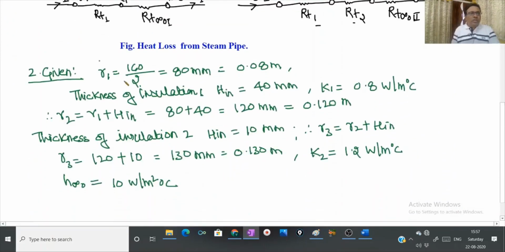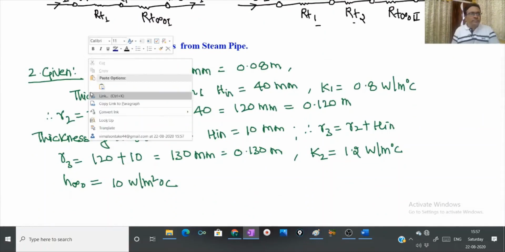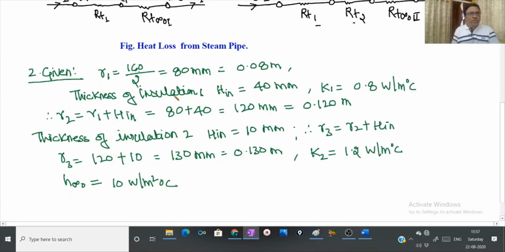So the outer radius of the cylinder R1 will be 80 mm, 0.08 meter. Thickness of insulation 1 is given as 40 mm. Its thermal conductivity K1 is given as 0.8 watt per meter degree Celsius.